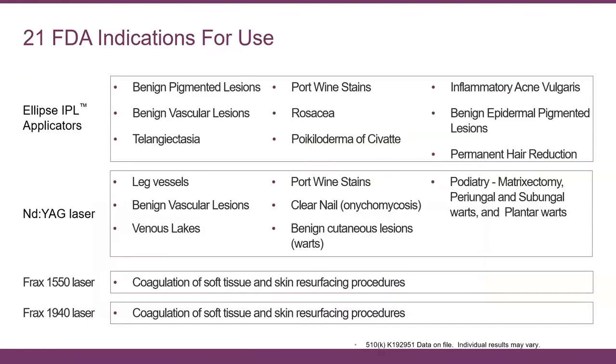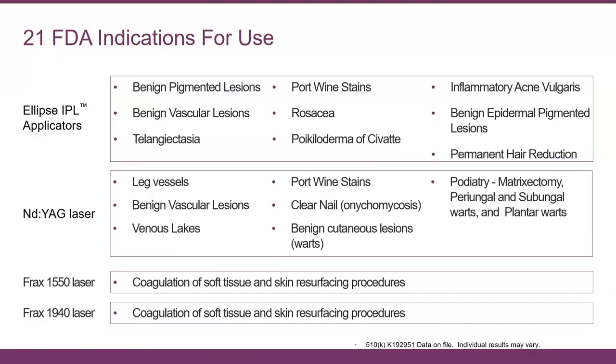There are 21 FDA indications for the Norlis. We're concentrating specifically today on vascular lesions, but just to give you an overview, the IPL handpieces also have the ability to treat pigmented lesions, poikiloderma, and benign epidermal pigmented lesions, and we can also use this system for permanent hair reduction. The Nd:YAG, as you would expect, we're primarily using for vascular conditions, but we can also treat toenail fungus, warts, and a number of other conditions.